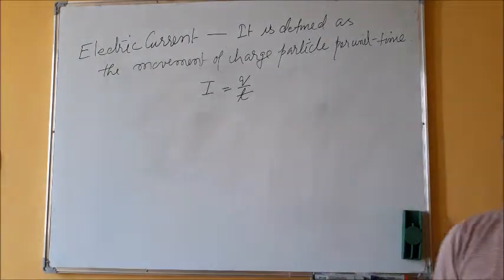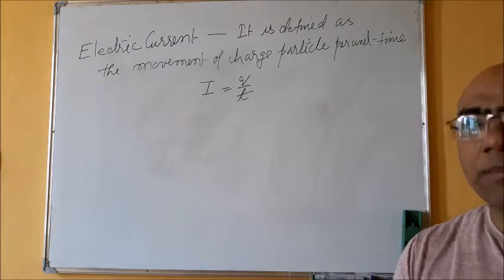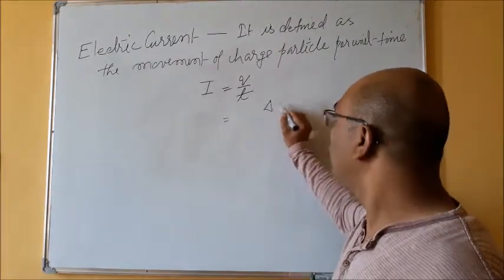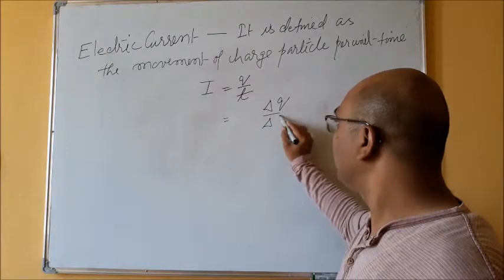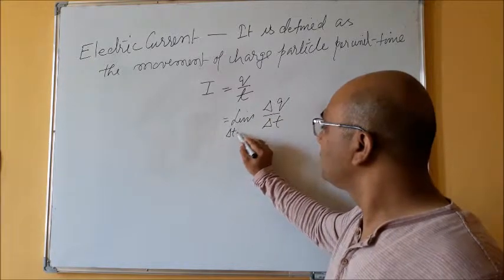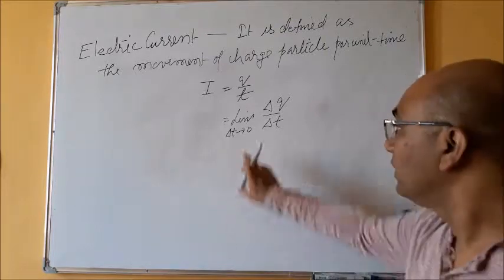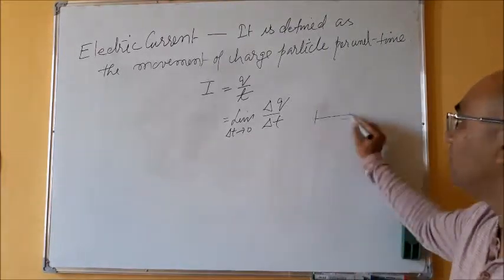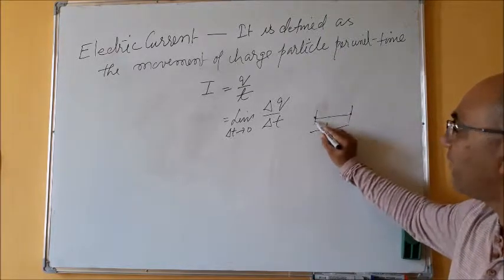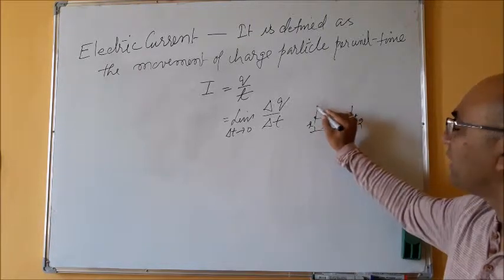If I want to see the charge for a small time interval, I can write this expression as del q over del t, where the limit del t approaches 0. This means I am reducing the time. Suppose I want to see from time t1 to time t2 how many charged particles are moving.